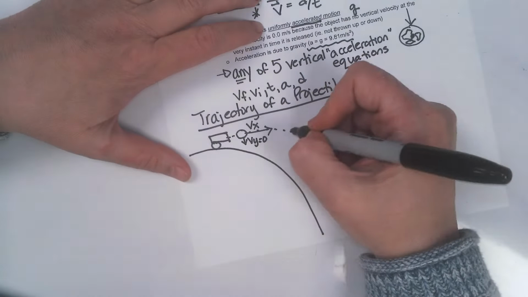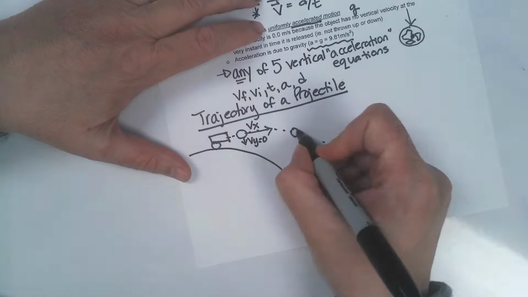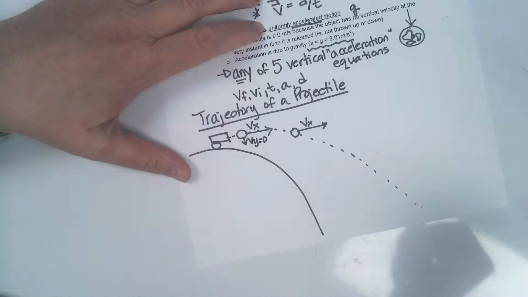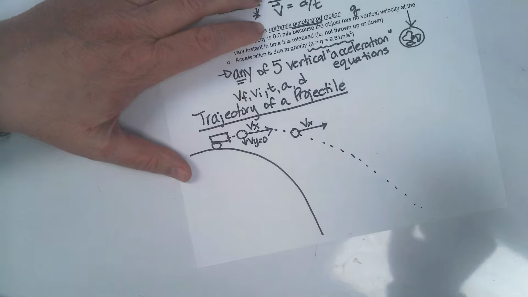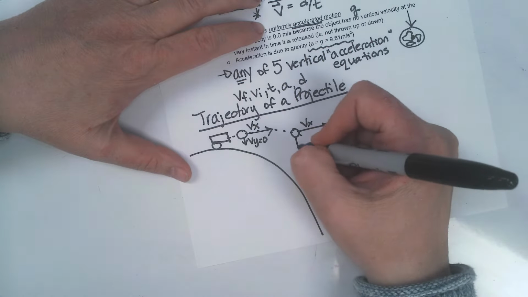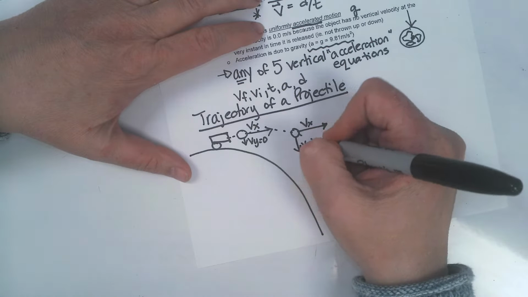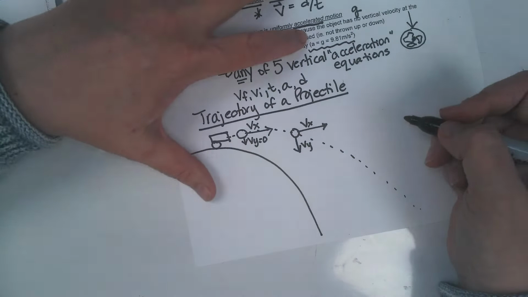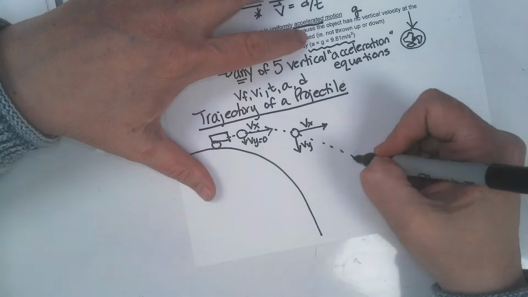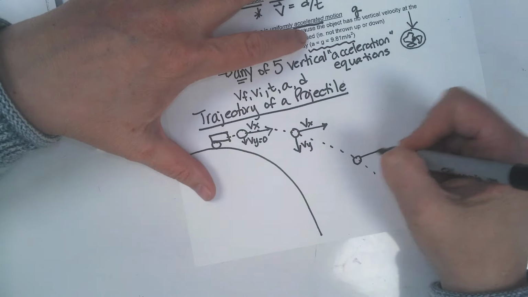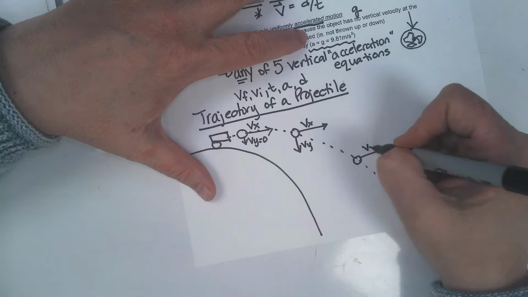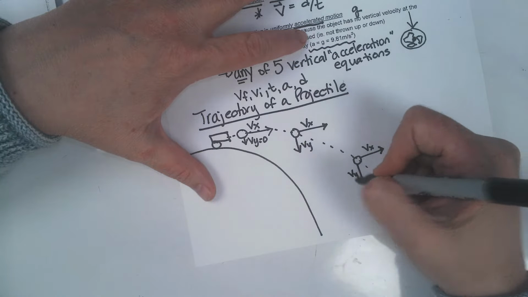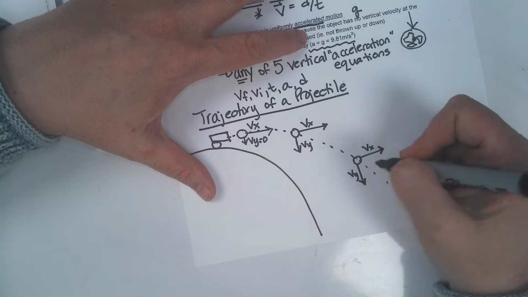Now, as we get to this point, we still have horizontal velocity, but now we're starting to see some movement in the vertical direction. As we get to this point here, what we can see is that Vx is typically the same ratio.